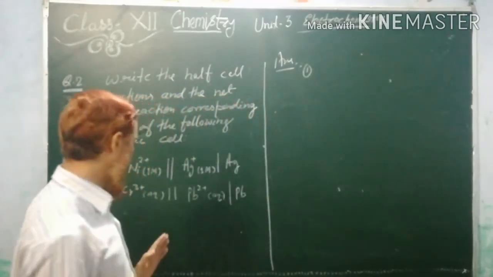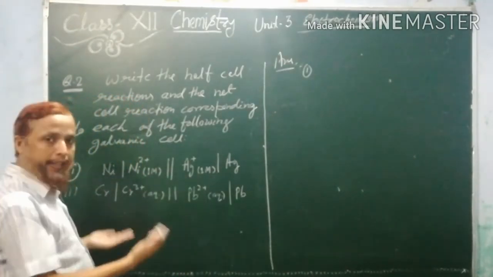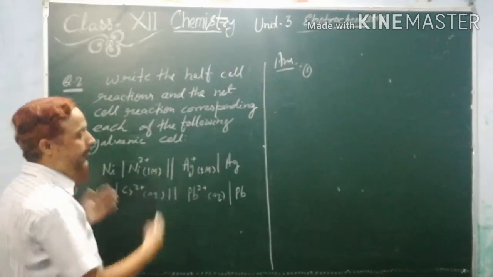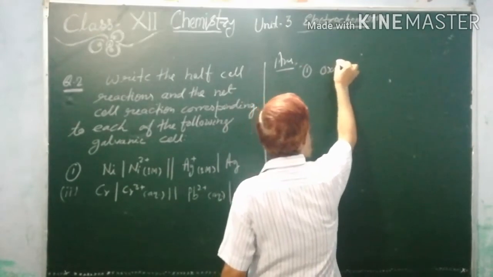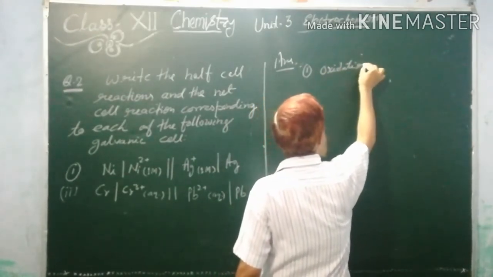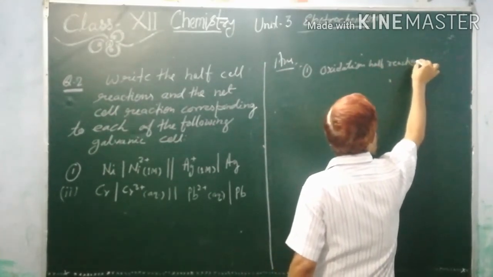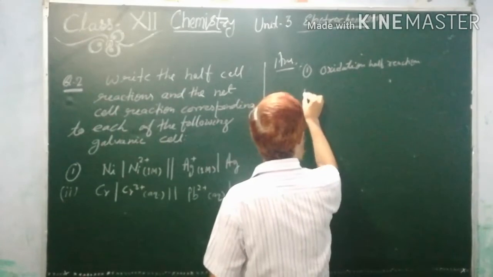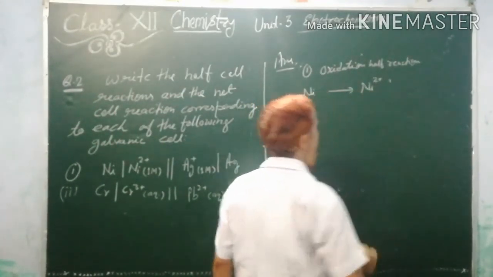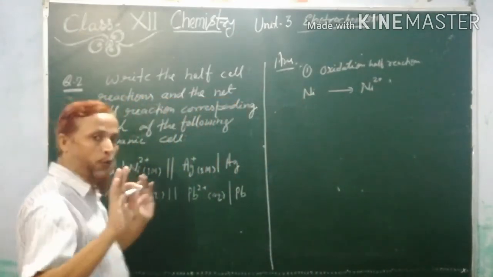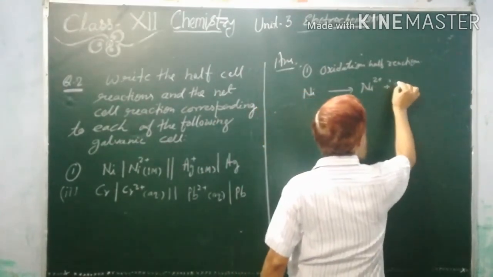You know that from the cell representation it is very clear that the left hand side is oxidation and the right hand side is reduction. Oxidation half reaction: nickel changes into nickel 2 plus, already given here. Now you have to balance the charge. 2 plus will be neutralized by 2 electrons.